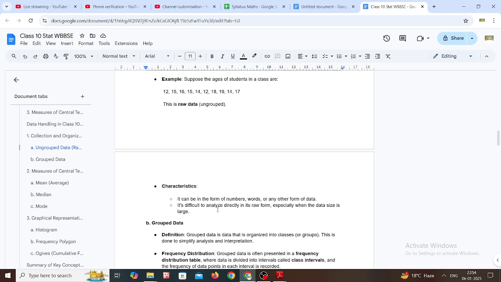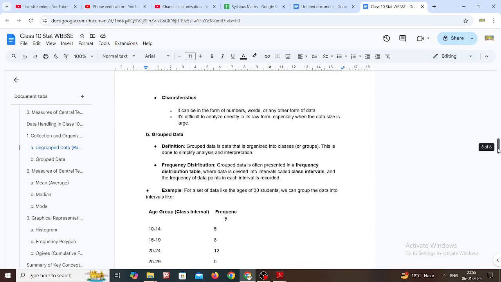It is difficult to analyze directly in its raw form, especially when the data size is large. Here the data set is small, but it can be a long figure. Consider the ages of the students of the whole school; it would be a bigger chunk of a data set.